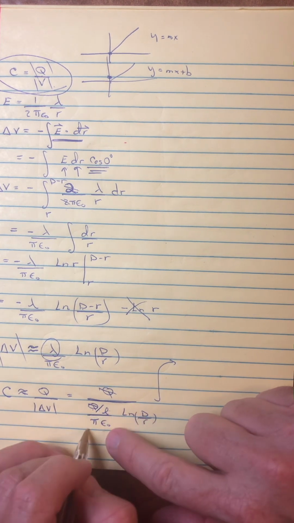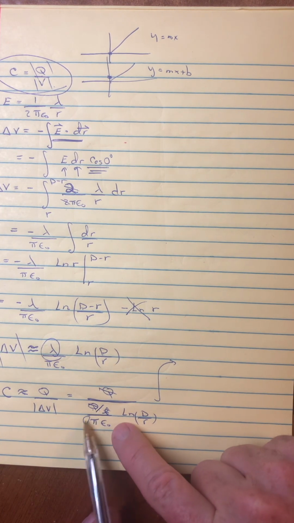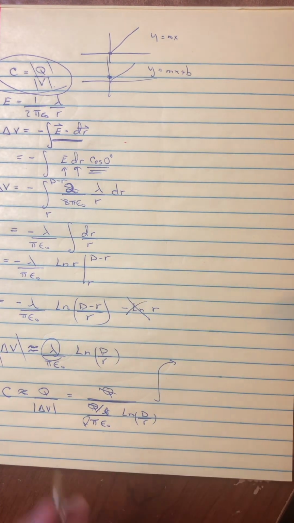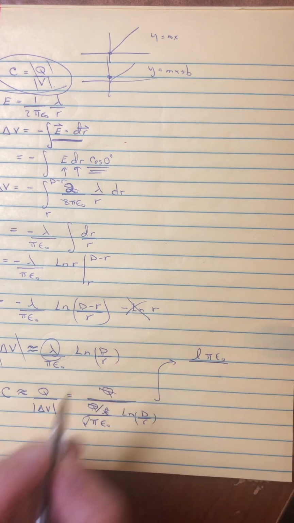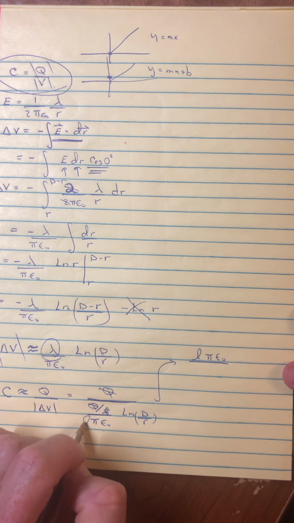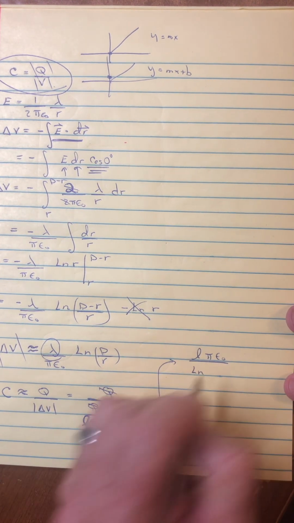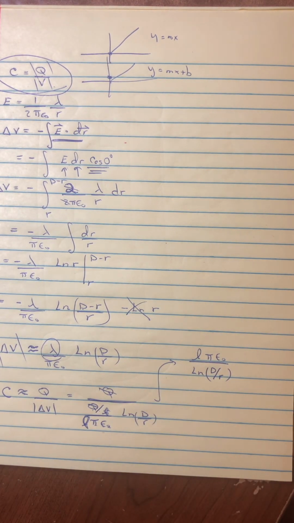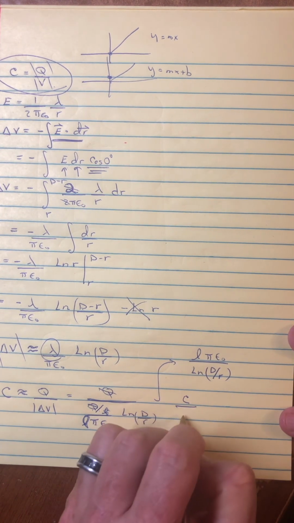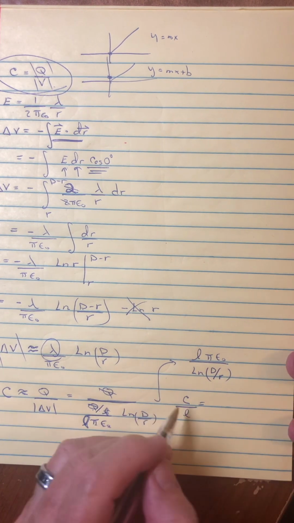And this is equivalent to having the L down here. And then when you have something in the denominator of the denominator, you can flip it. And so those three, the L, the pi, and the epsilon go on top, and the natural log remains downstairs.